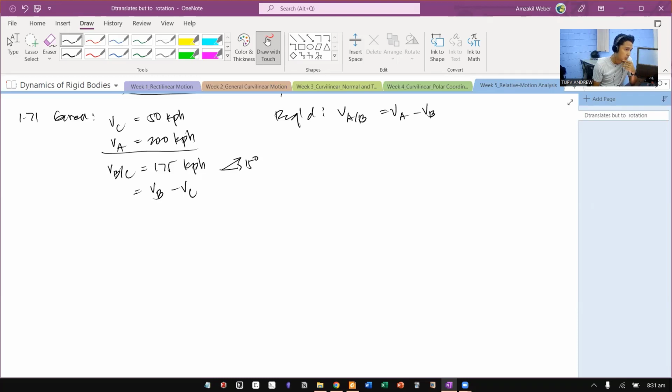The only thing missing is VB. We can find VB using this equation: if we have VC and VB/C, then we'll get VB. If we have VA and VB, then we'll get VA/B. So let's try to solve this problem.